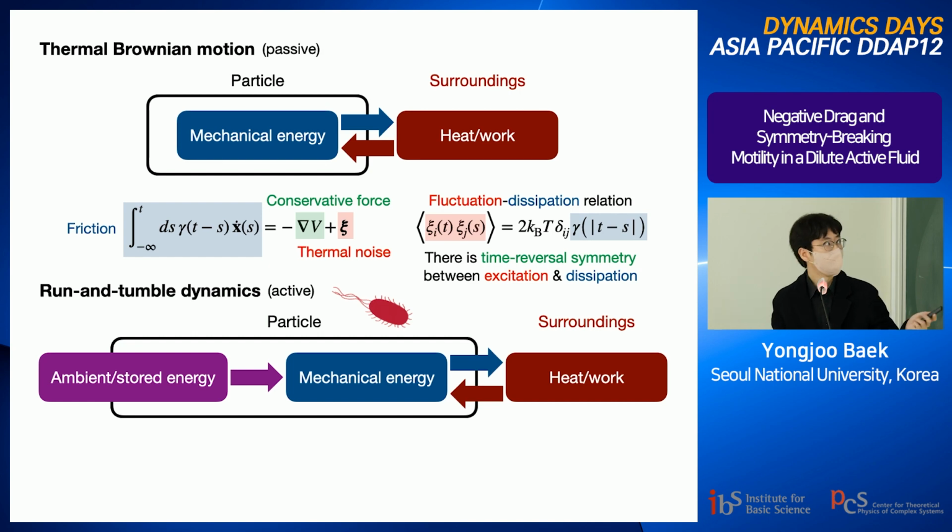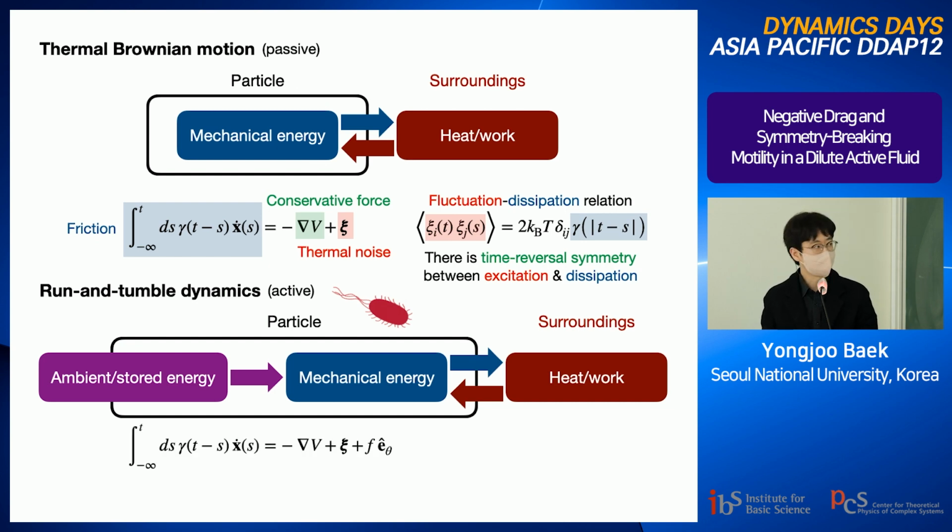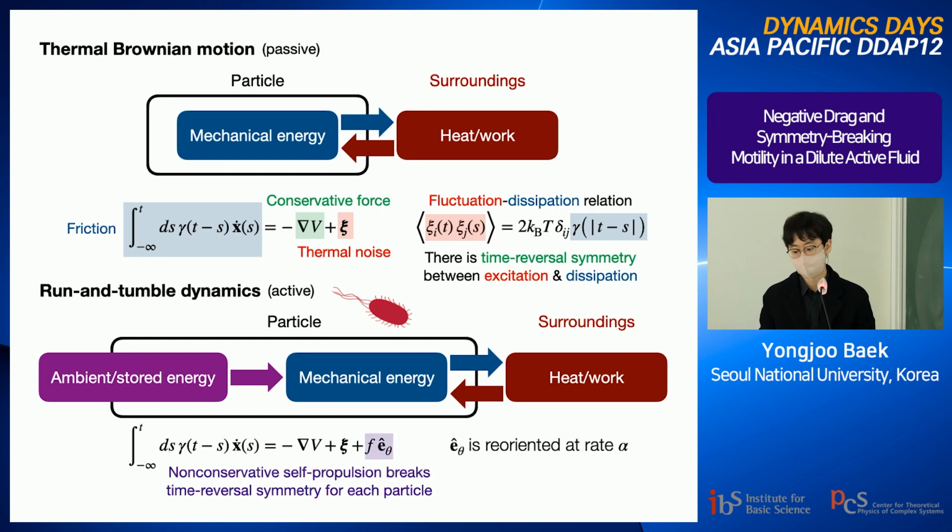But in the meantime, the run-and-tumble particle, like the bacterium here, has some kind of separate ambient or stored energy source, which can be converted to mechanical energy. That kind of motion usually involves some kind of non-conservative or self-propulsion force, which breaks the time reversal symmetry. And what is also important here is that the direction of this propulsion is usually related to the body shape of this particle.